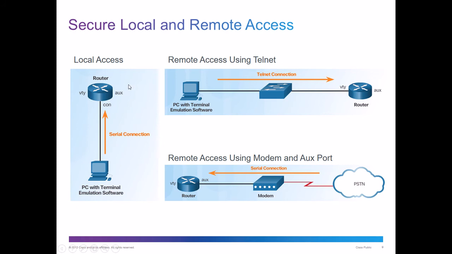You go through the auxiliary port on the router if you have the modem in this case. All right, so most likely, as we've done in our labs, we'll go through the console port. We'll connect through either the USB or the 9-pin serial port, and then we'll use either PuTTY or any other terminal emulation software to access the router.